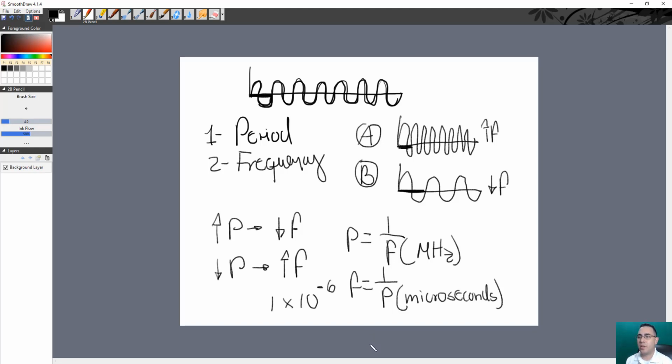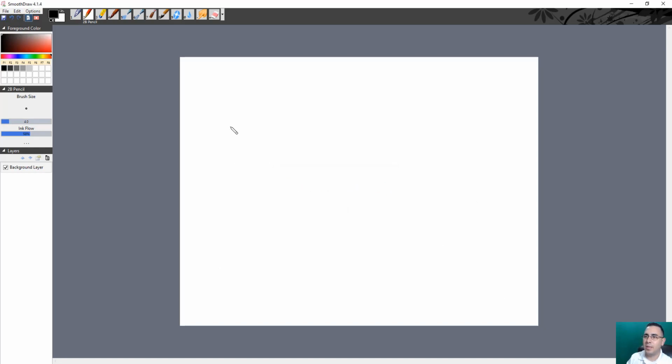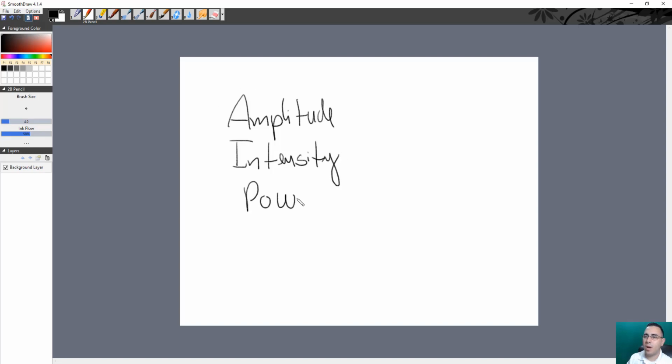So we have period, we have frequency, and then we're going to talk about 3 parameters that are adjusted with the same setting in your system. Those 3 parameters are amplitude, intensity, and of course the acoustic power.